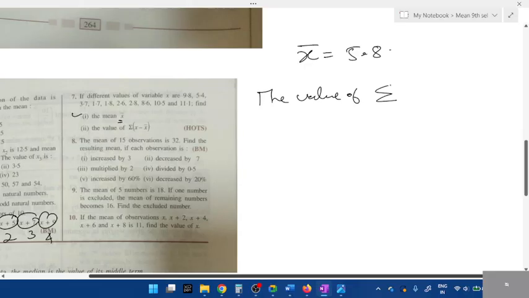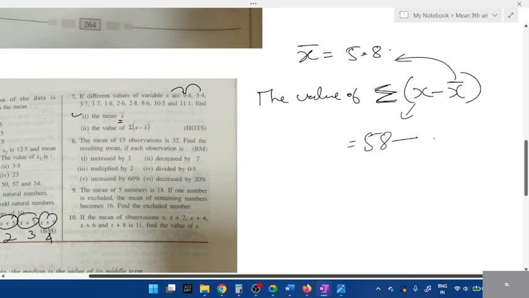Next, second part is value of this. This meaning is summation. X minus x dash. So x is what? What's the total value we got when you add everything? Total value, 58, right? What is the total value of x, students? 58, 58 minus what is this x dash value we got? Yes. Subtract it. Check the answer in textbook.